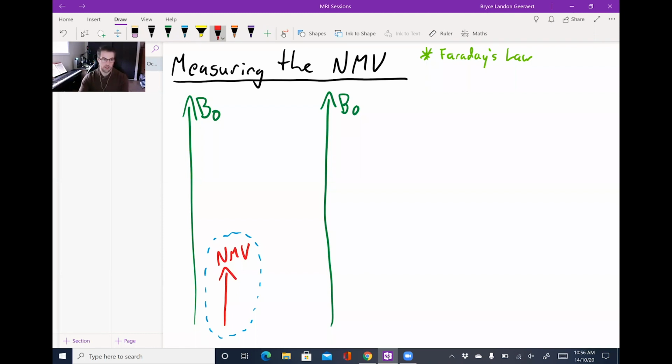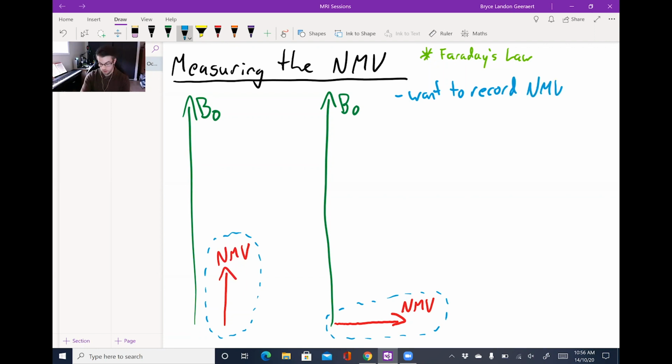Now, like I just touched on, there is no transverse component to our NMV right now, but if somehow we use some physics to orient our NMV in this transverse direction, then suddenly we are just measuring the magnitude of the NMV if we're measuring transverse magnetization, right? So I'm just going to put a note up here. Want to record NMV in transverse orientation.